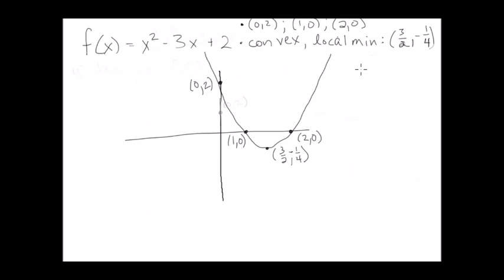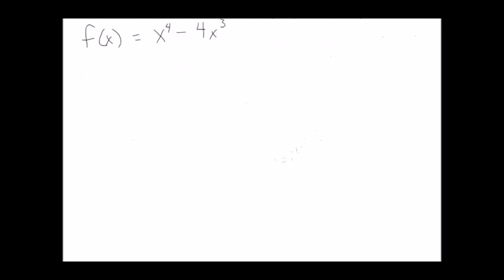Notice that this is a parabola, so that process that we used here, you could have used some of the things you know from algebra, like the vertex equation, and that would have worked just fine in this particular case. So let's go ahead, we'll do one more example that you can try on your own. So go ahead and pause the video now and give this a try on your own, and we'll come back.